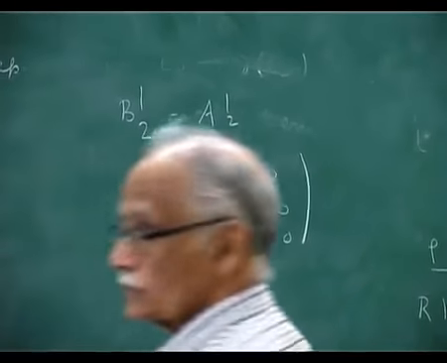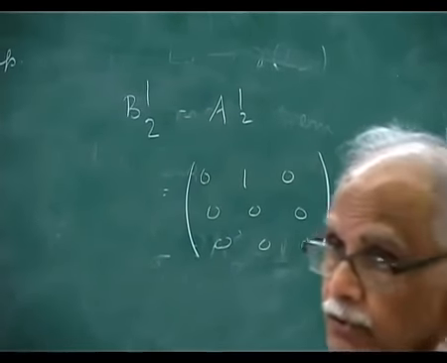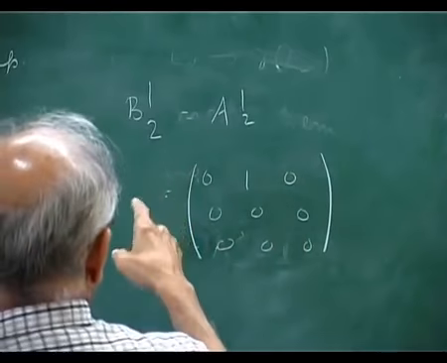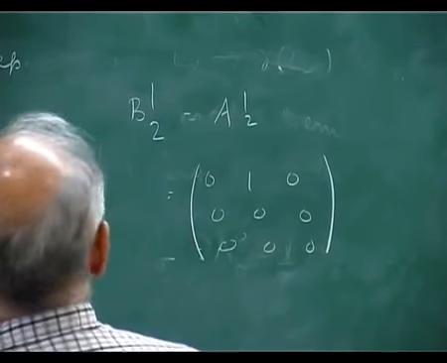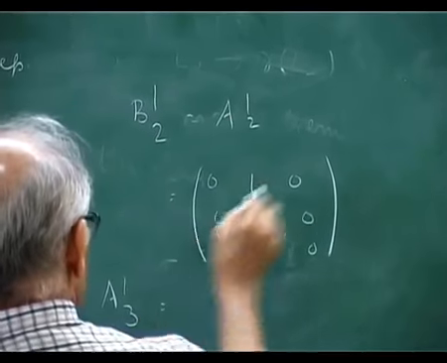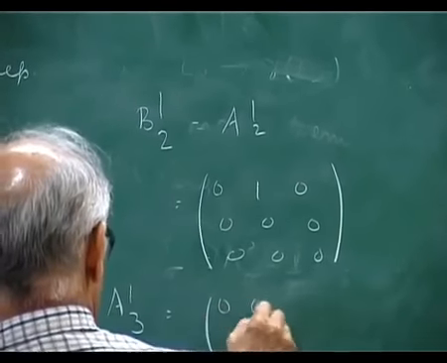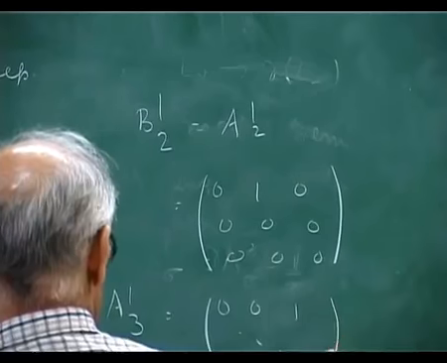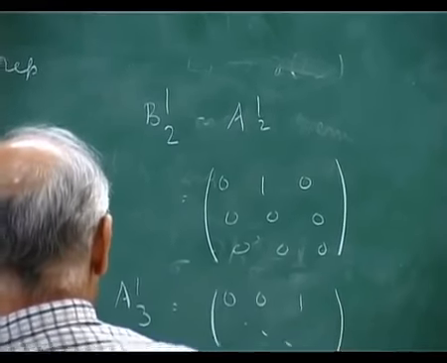Okay. A2, then what is it? A12, A13. It will be 0, 0, 1, etc. Then you get A23.